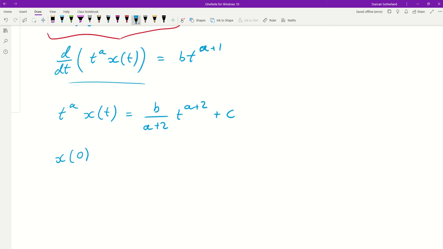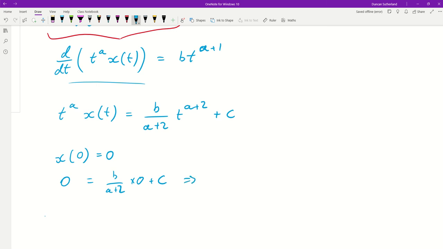We can apply our initial condition at this point, so we substitute in. Obviously, when t is 0, the left-hand side is 0. When t is 0, that first term is 0. You've got this b divided by a on 2 times 0, and then you've got a c.